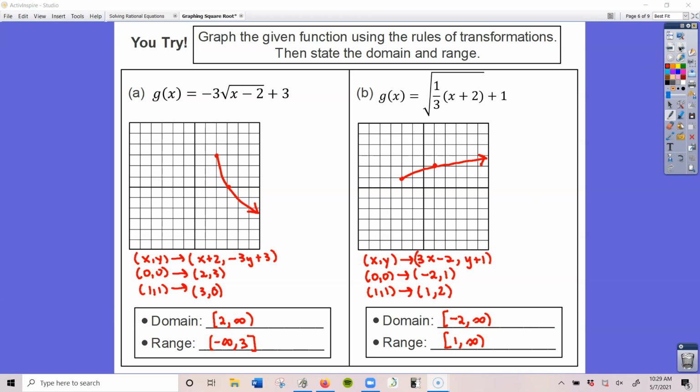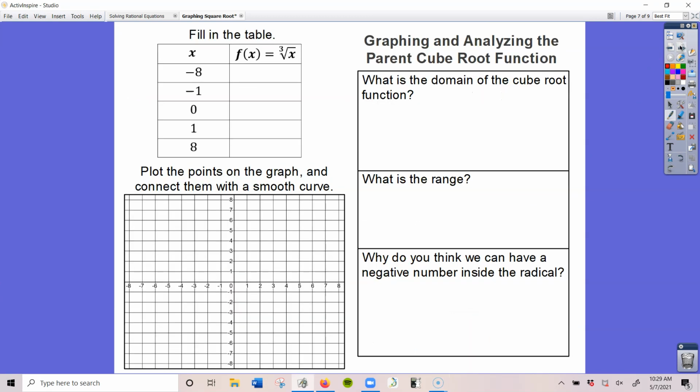Now let's look at the cube root function. The cube root of x is basically any 3 identical numbers that would give you, for example here, the -8. So if I'm trying to find the cube root of -8, we can have a negative inside of this radical because there are three numbers that can multiply to give you negative 8.